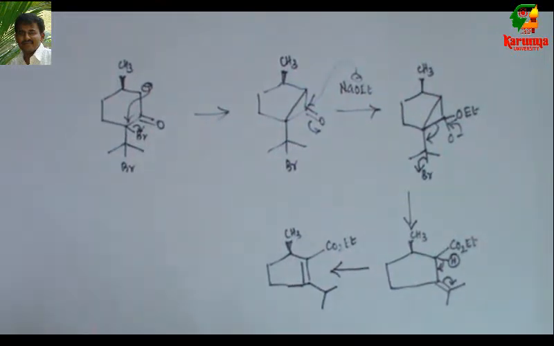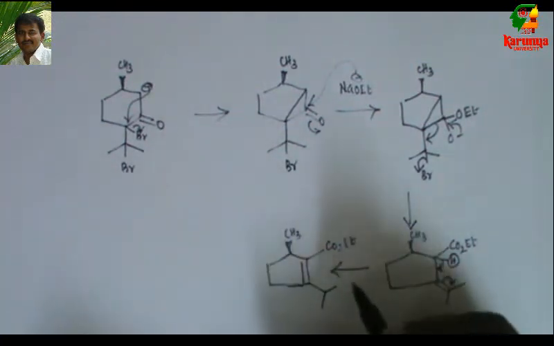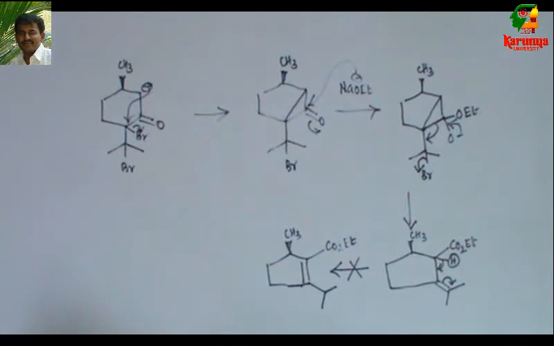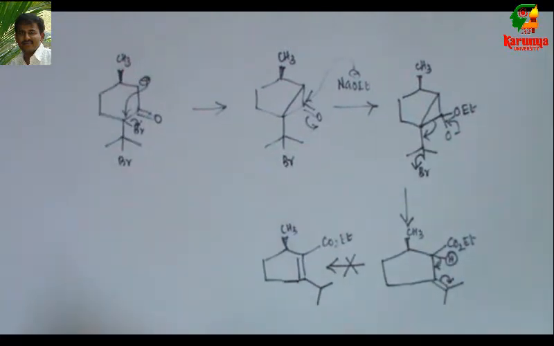But this option is not given in the options, so I skip this option. Generally the product whatever we get will be like this. Since it is not given, I go for this compound itself.